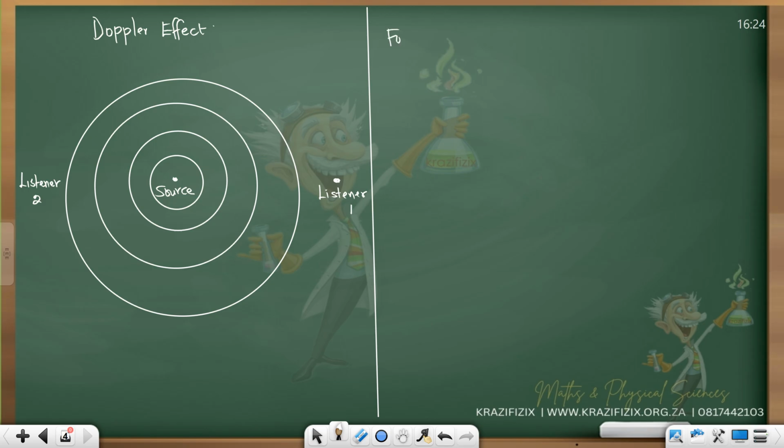All right. For a stationary source, stationary means not moving, and a stationary listener, the speed of the wave is constant.